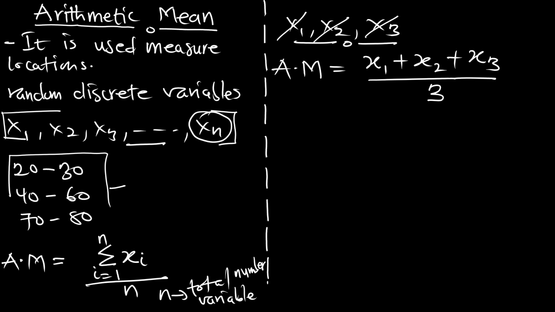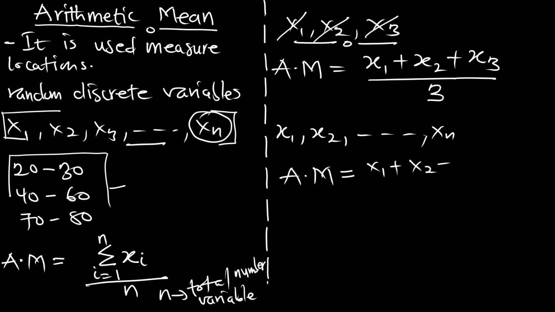If I have variables x1, x2 up to, say, xn, then my arithmetic mean AM is going to be x1 plus x2 plus up to xn, divided by the n number of terms. Are we okay? So these are ungrouped data.